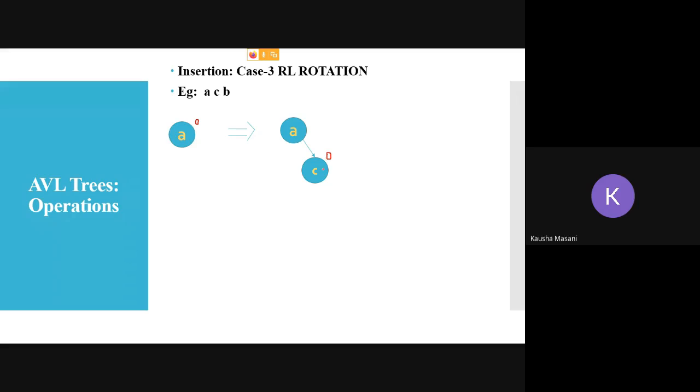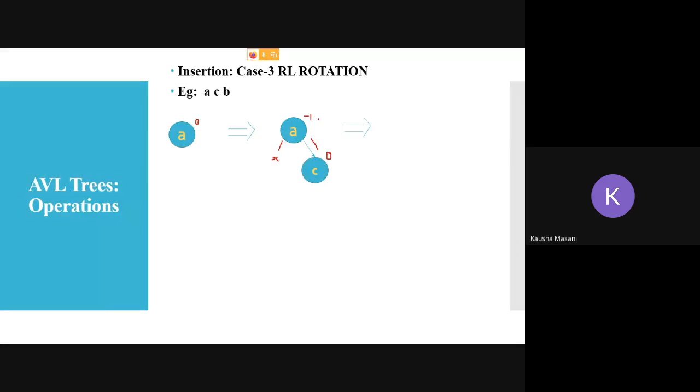At A I don't have any left side, so it is 0, and on the right side it is 1. So 0 minus 1, what is it? Minus 1. Still within my range. I don't need any rotations.